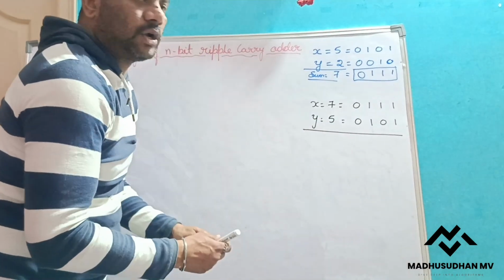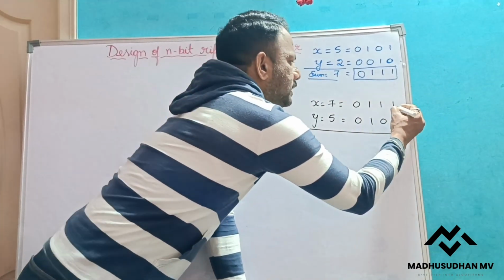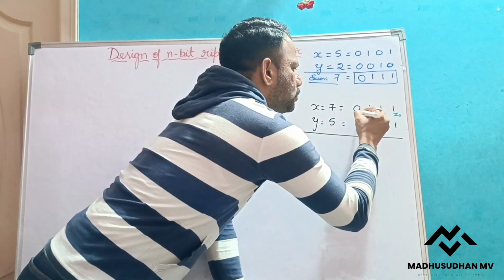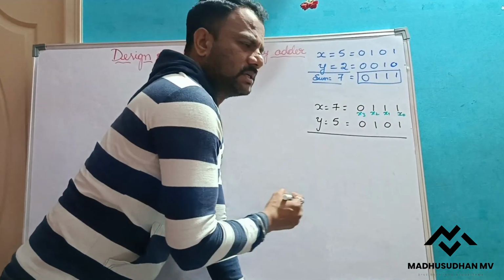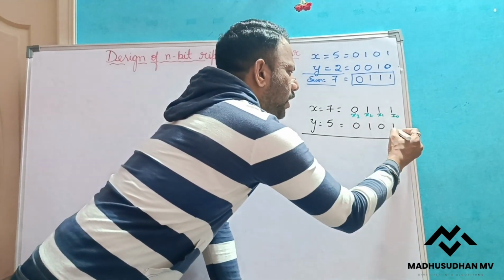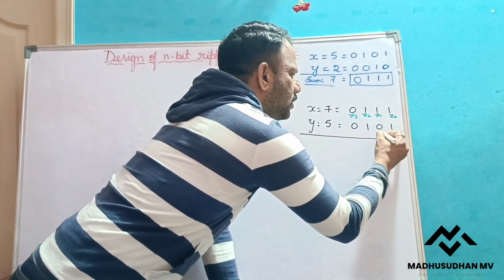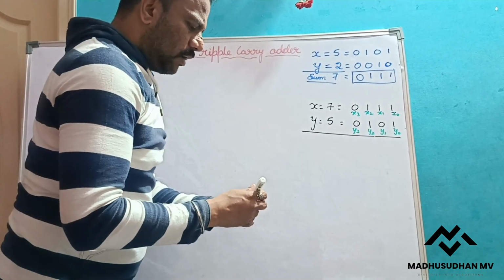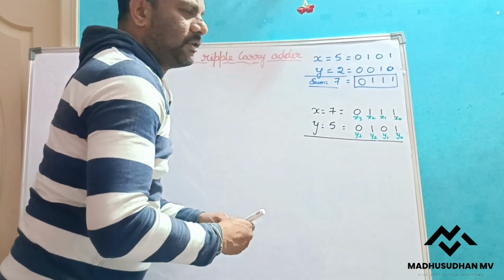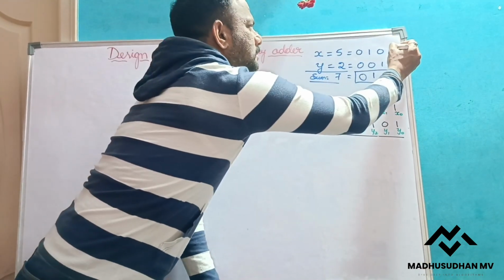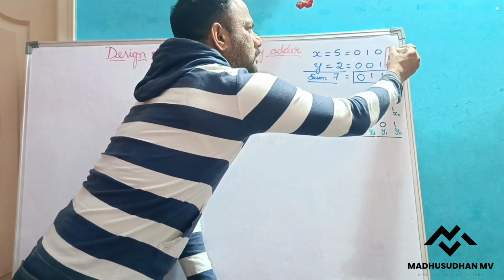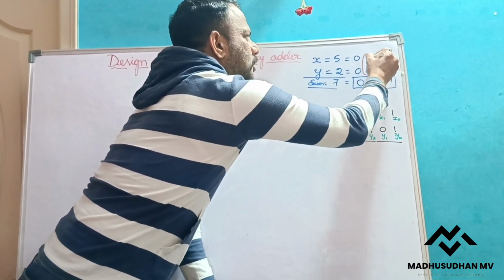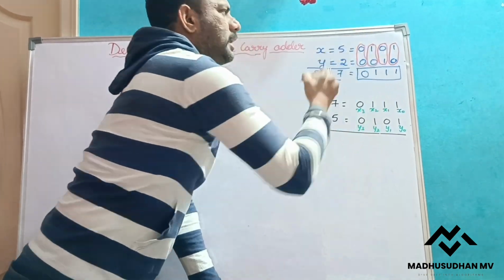I call the individual bits of x as x0, x1, x2, x3, and similarly the bits of y as y0, y1, y2, y3. Now I am adding: these two bits added together, these two bits together, and so on.